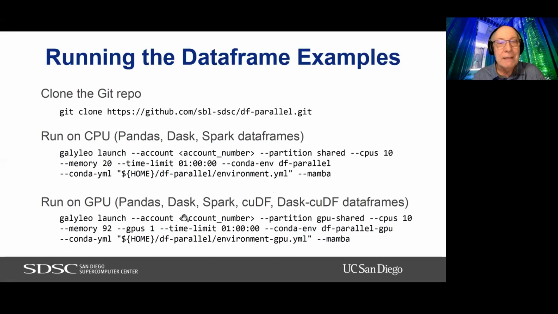If you want to run the same thing on GPU to enable CUDA data frames, we run that on 10 CPUs, 1 GPU, 92 gigabytes of memory for 1 hour. But in this case, we use a different conda environment for GPU, called df parallel GPU, which has a different YML file as well. Again, don't do that. This is just the recipe for how to run things on CPU and GPU.